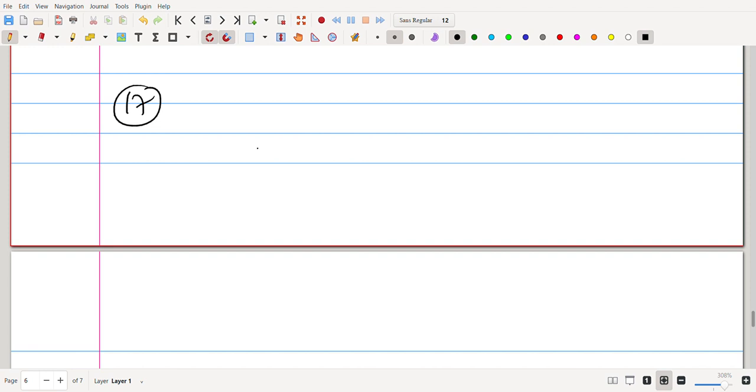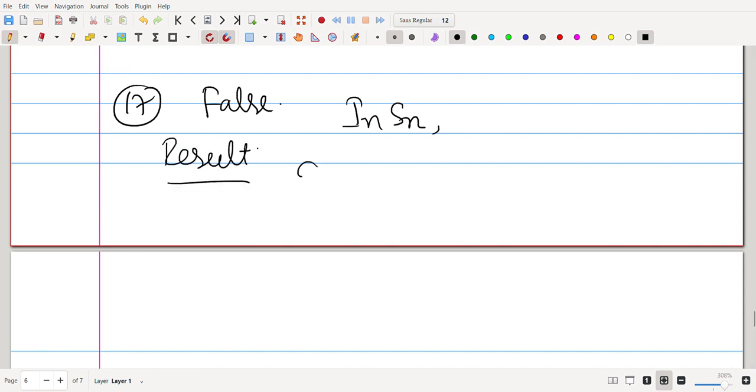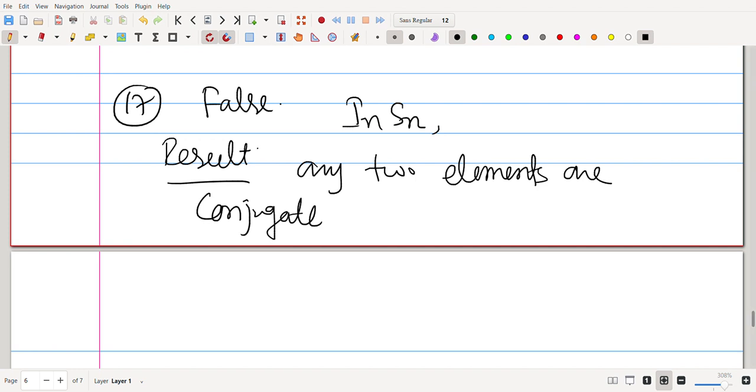Okay, so in Sn this is false. Why? In Sn, a very important result: any two elements are conjugate if and only if they have the same cycle structure.